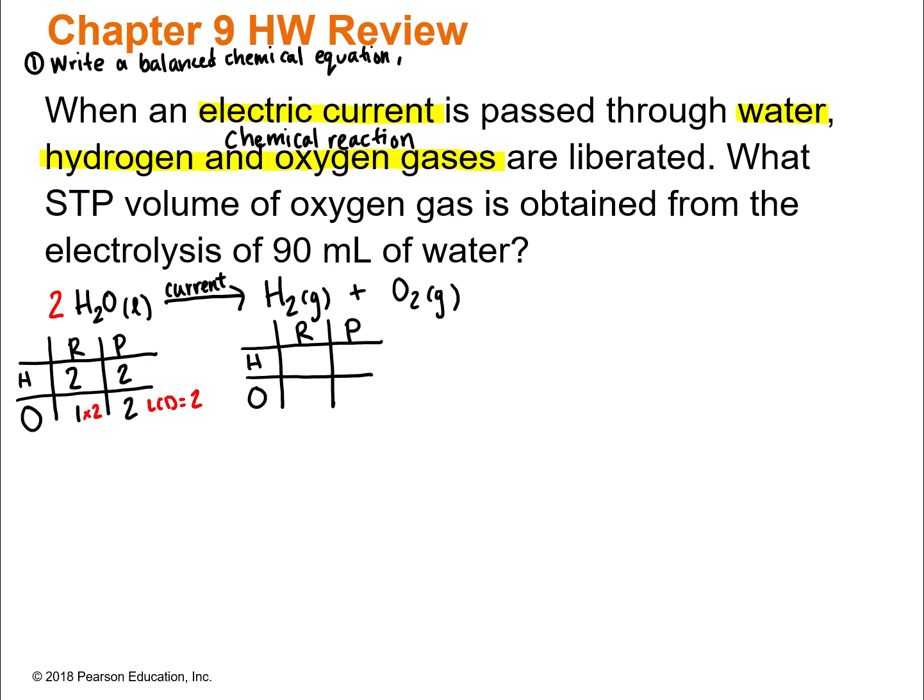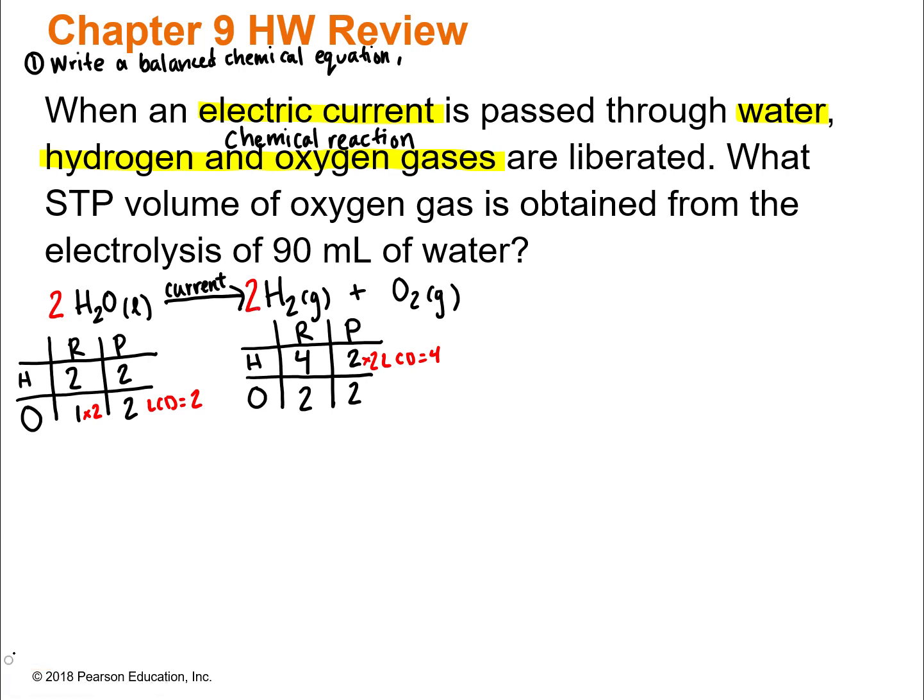Now we check and see what happened. Putting a 2 in front of that water means that we now have 4 hydrogens and 2 oxygens. Product side, we didn't do anything to it, so we've got 2 and 2. Now the hydrogen is out of balance. We're going to place a 2 in front of the hydrogen gas.